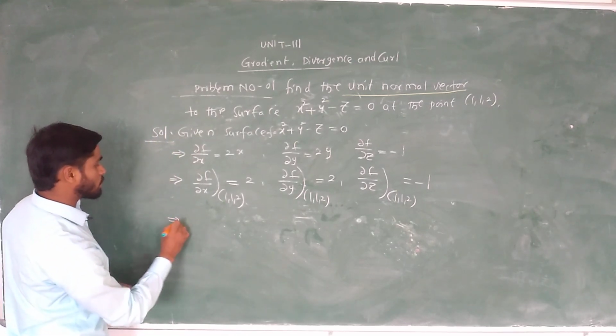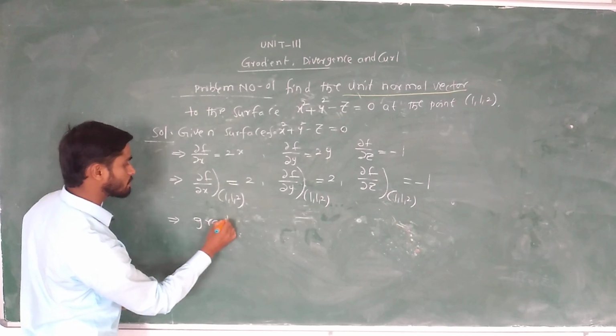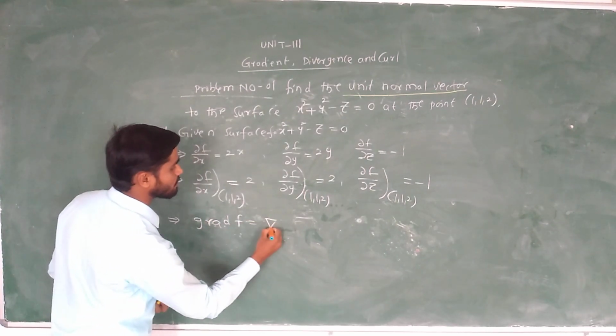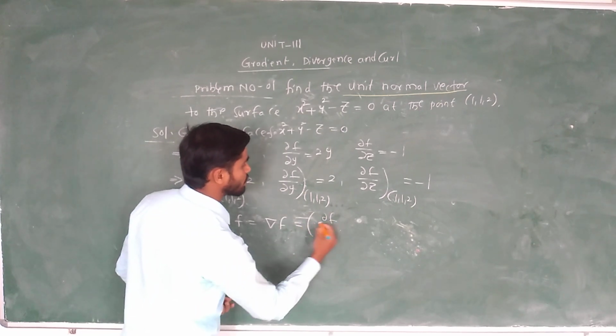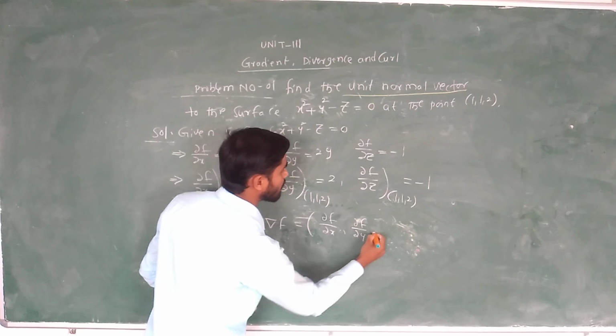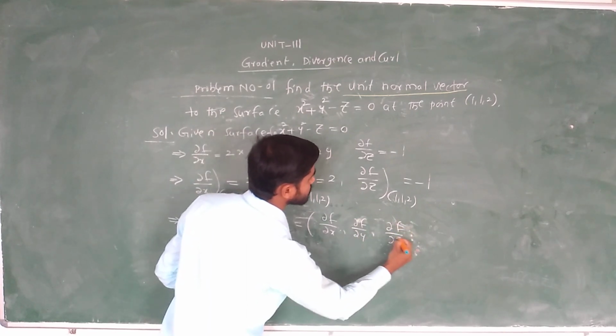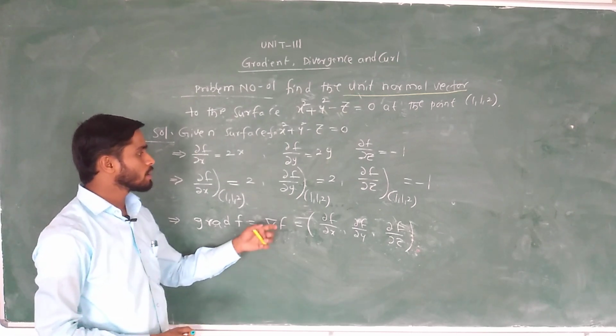Now quickly compute the gradient of f, that is del f. Del f is equal to dou f by dou x, dou f by dou y, dou f by dou z. But we need to compute at the point 1, 1, 2.